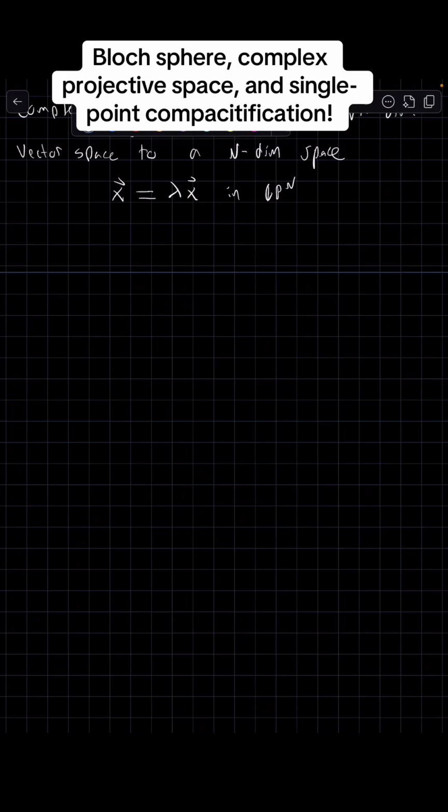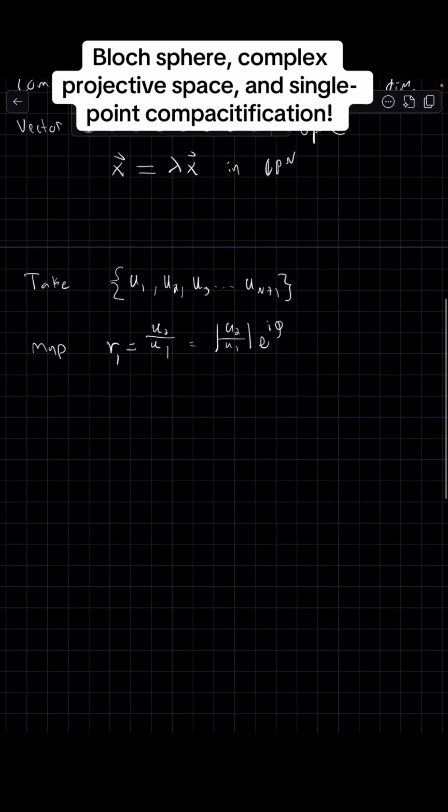So for example, let's take some space with the set u1, u2, u3, up to un+1, and then map each v, for example v1 equals u2 over u1, or u2 over u1 times e to the i phi, which equals basically un+1 over u1.